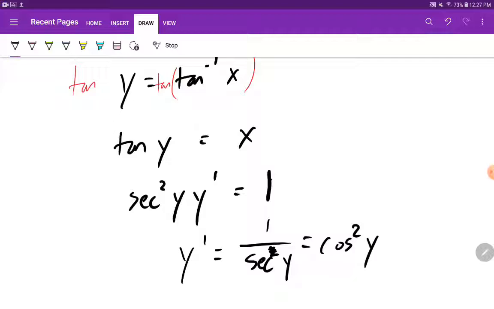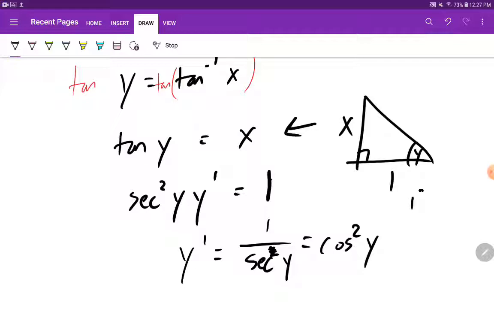So we need to figure out, using a triangle, how to get to cosine. So here's my y, tangent is opposite over adjacent, so that's the difference. And 1 squared plus x squared is equal to hypotenuse squared. We get the square root of that, so it's the square root of 1 plus x squared.